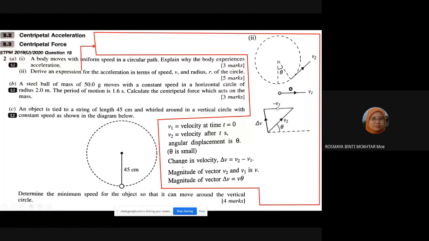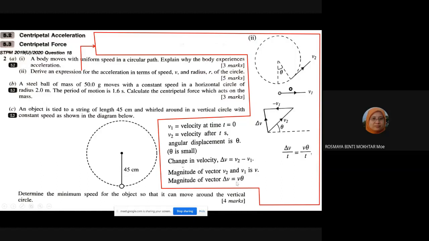These two are similar triangles. This is v1, this is theta, and this v here is also v. So the length up here is given by delta v, the change in v, so you can use v theta.